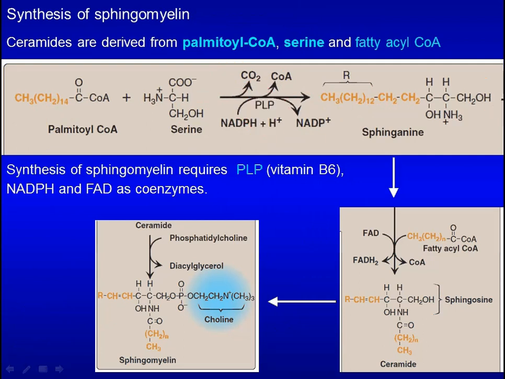This is very similar to the decarboxylation reaction in the synthesis of PE from PS. Desaturation of sphingolin gives rise to sphingosine. Addition of another fatty acid gives rise to ceramide. Transfer of phosphorylcholine to ceramide gives rise to sphingomyelin.